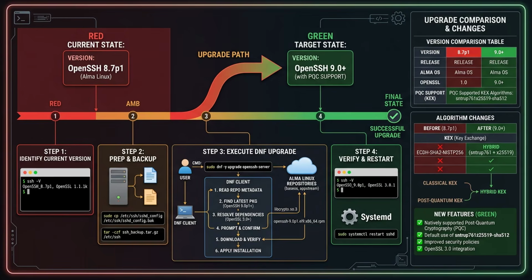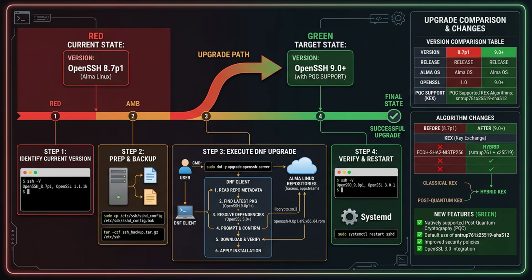Current systems often run OpenSSH 8.7. Version 8.7 does not support post-quantum cryptography. You need OpenSSH 8.9 or later. On Alma Linux, upgrade using dnf update openssh. The package manager upgrades all OpenSSH components. Client, server, and utilities all update together.